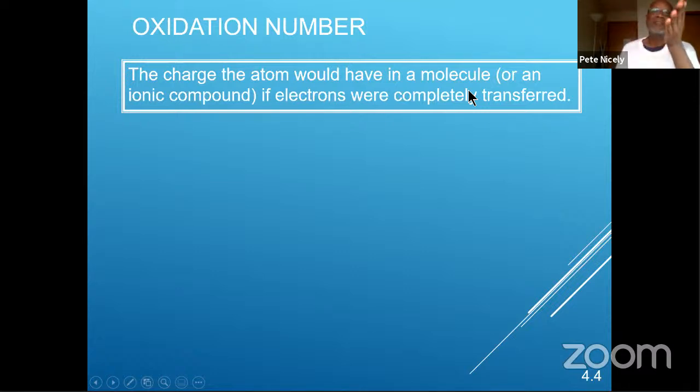So in other words, if you have 2 atoms connected to each other by a covalent bond, but the electrons that are shared are moved towards a more electronegative element, then the resulting charges on each of the atoms involved would be the oxidation number. And there are some rules that you have to know basically to determine the oxidation number of an atom in a compound.